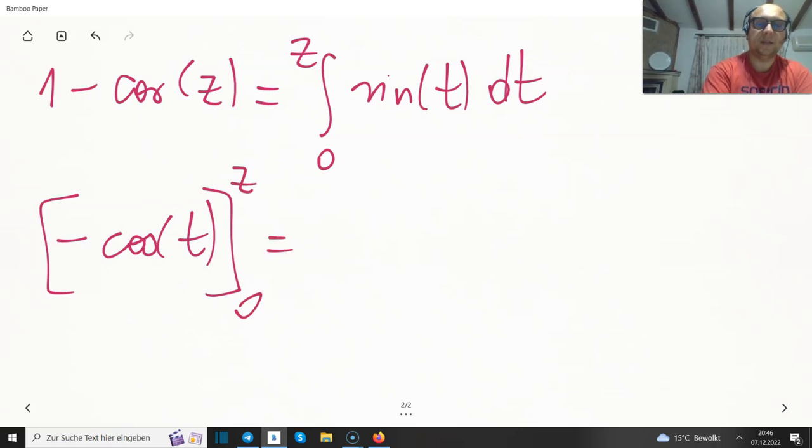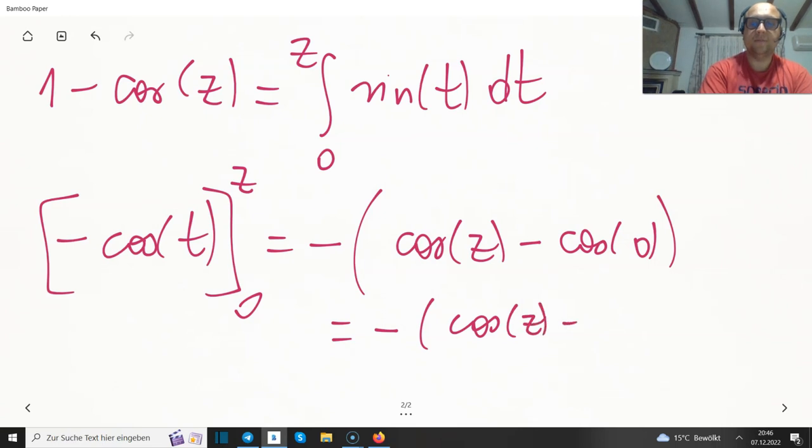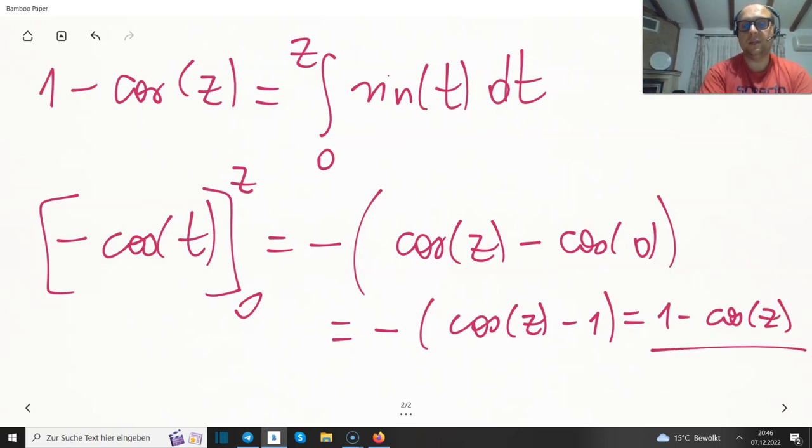And as you can see, we can take a minus out. We get cosine of z minus cosine of 0. Cosine of 0 is 1. So we're going to get minus cosine z minus 1, or just 1 minus cosine of z, and that would be it.